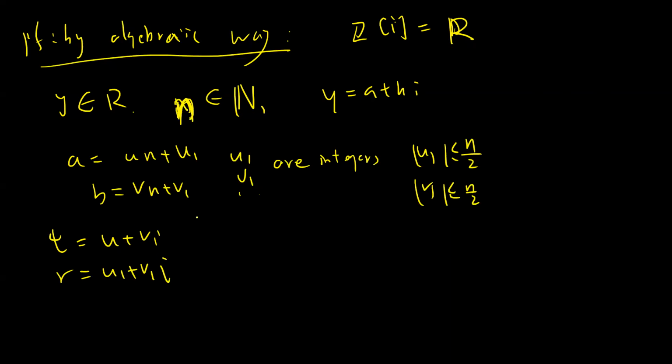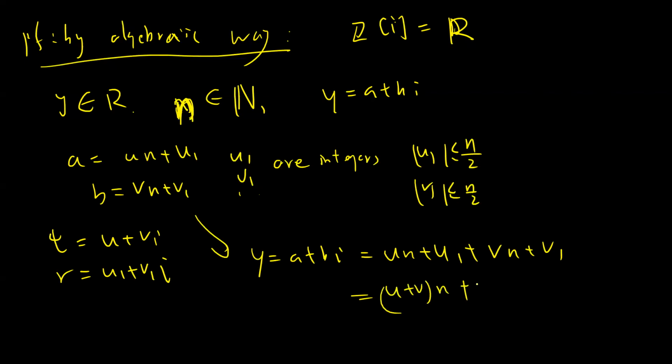Now let's compute. One can check that y, which is a plus bi, equals un plus u1 plus vn plus v1 i, so this is just (u plus vi) times n plus (u1 plus v1i).